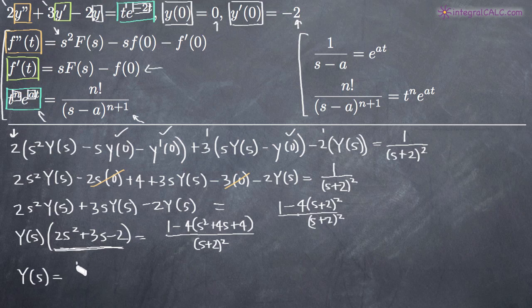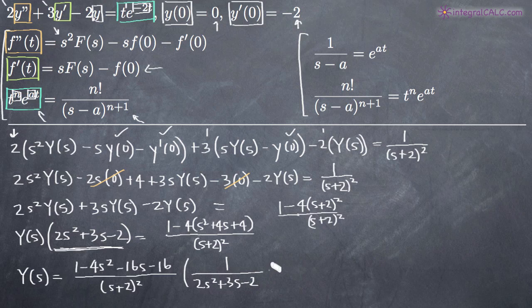So we're going to have 1 minus 4s squared minus 16s minus 16, all over the quantity s plus 2 squared, multiplied by 1 over 2s squared plus 3s minus 2.